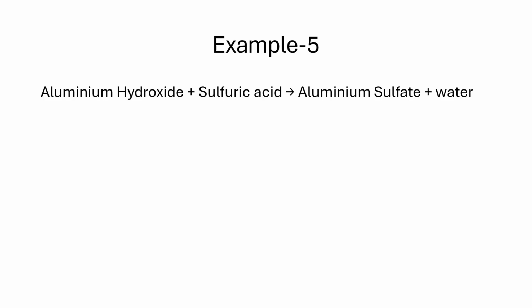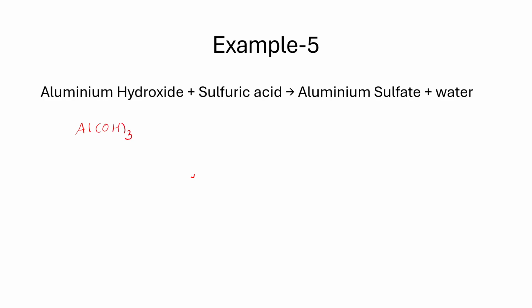Alright, let's now do the final example, which is aluminum hydroxide reacting with sulfuric acid to give you aluminum sulfate and water. So I'm assuming you will be able to write the chemical formulas of all the reactants and products on your own. So I'm just going to directly write that.